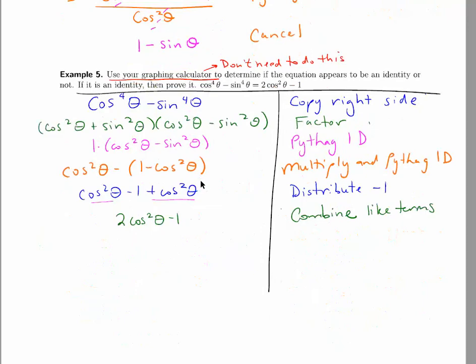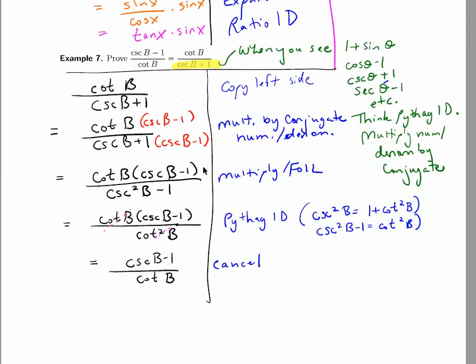So let's scroll to example 7, which is an example where you need this technique and there's really, I don't know of another choice. So in this example, we're proving this identity. And on one side we have cotangent b over cosecant b plus 1.